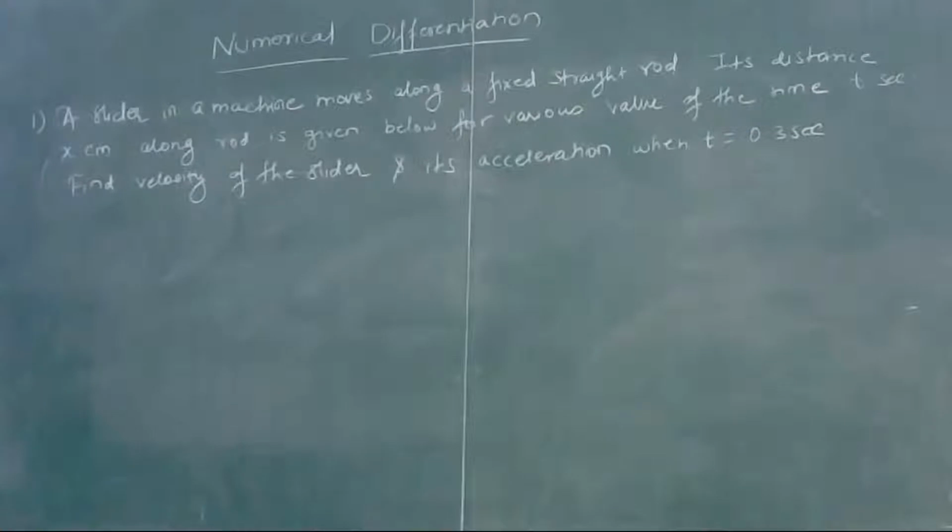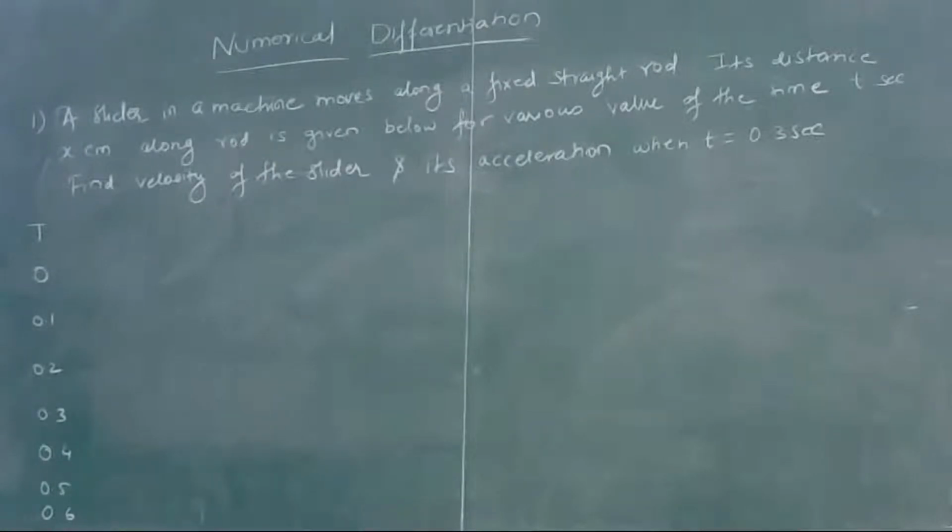this Stirling's difference formula. Okay, so table is given. So t is given as 0, 0.1, 0.2, 0.3, 0.4, 0.5 and 0.6. Okay, so value of t is given in seconds.